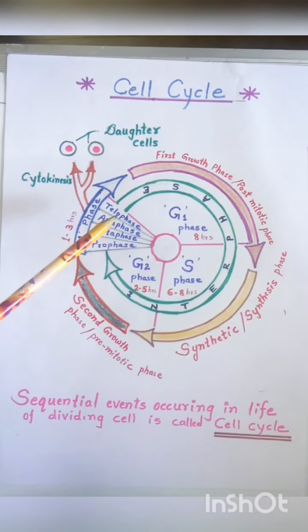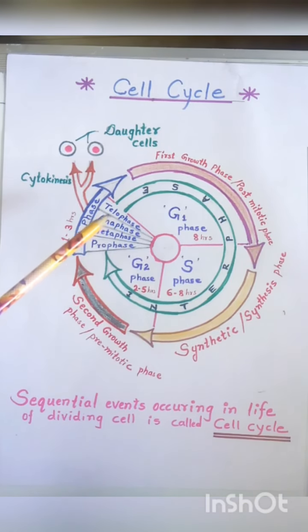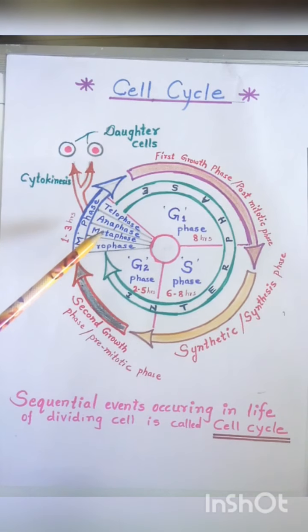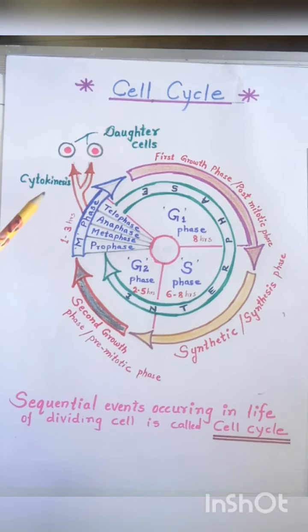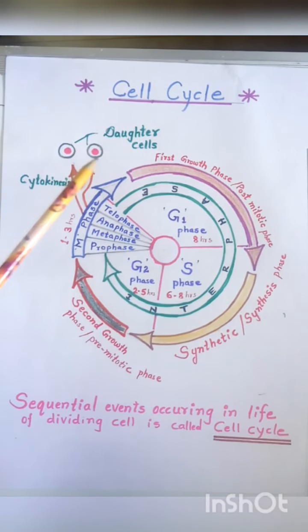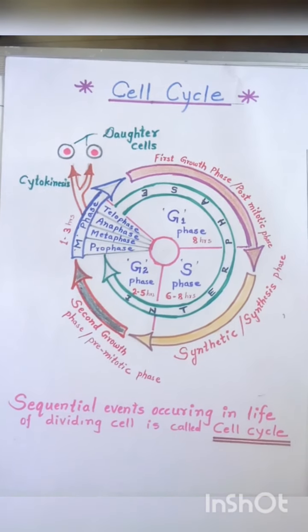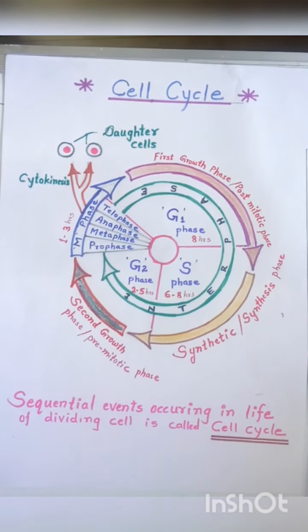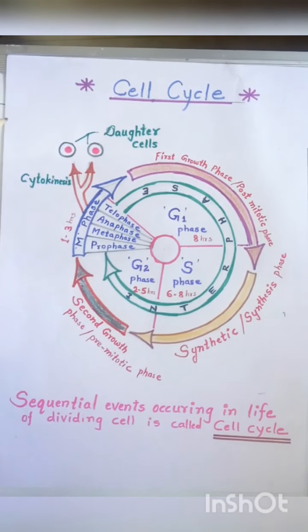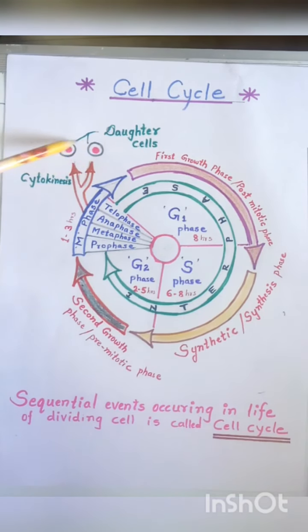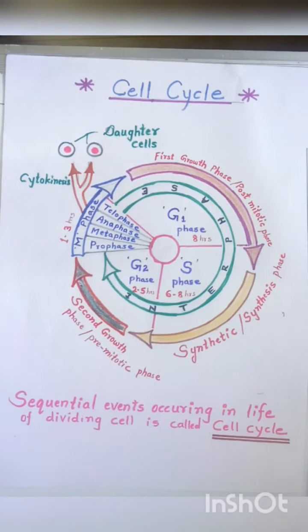At the end of telophase or karyokinesis, two nuclei will be formed, and after this cytokinesis will take place, in which the cytoplasm is distributed among the daughter cells. After cytokinesis, two daughter cells will be formed, which indicates that the process of cell division is completed, and from a single cell, two daughter cells are produced. Thank you.